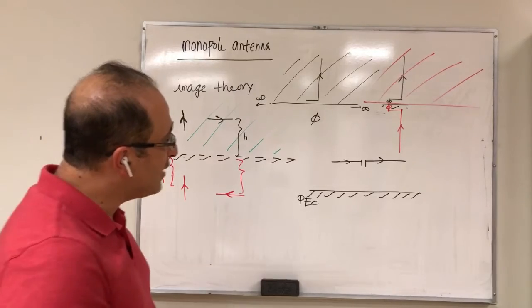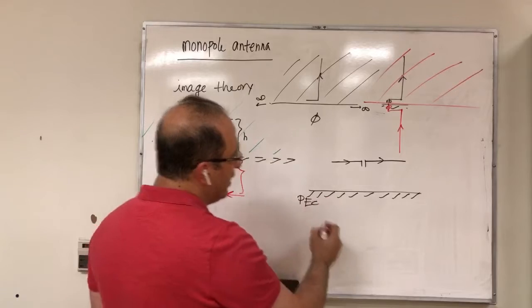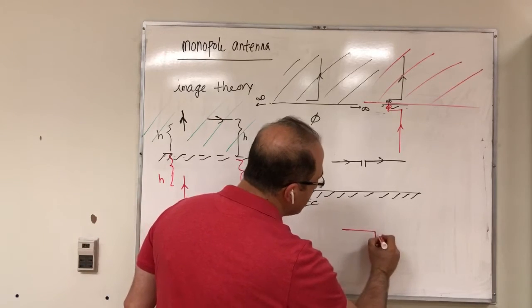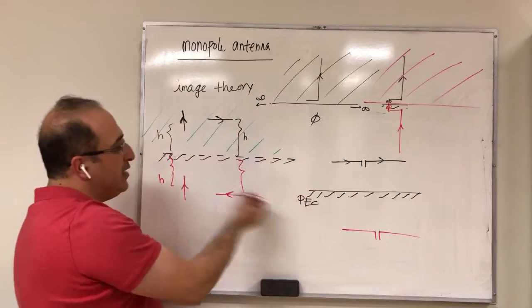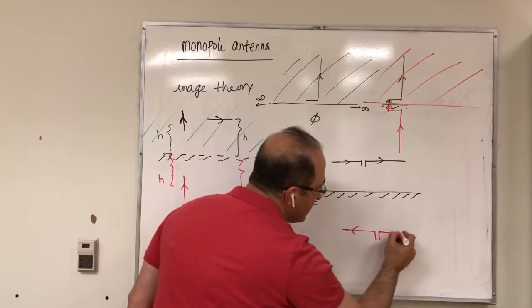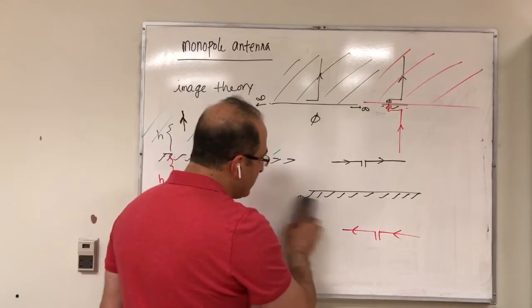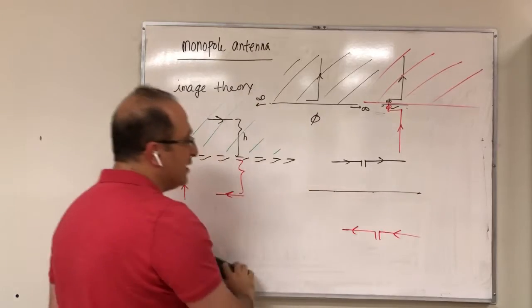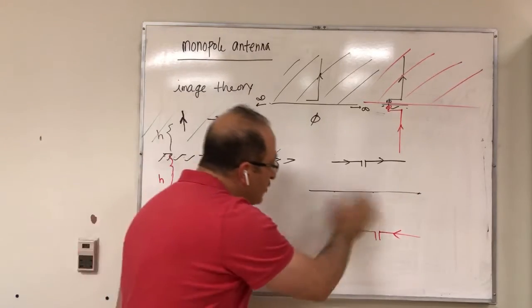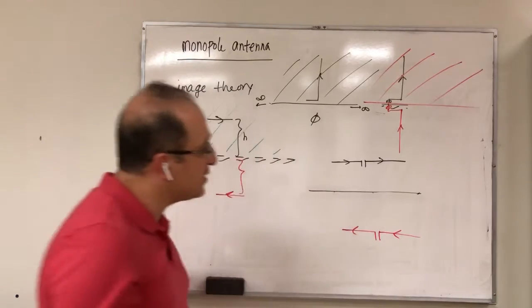So you could potentially say, let's remove the PEC and then use the image of this. The image of this, you have currents horizontal, so the image would be opposite. So now you can remove the PEC. I'm just going to keep a line to tell you this was the PEC. Now you can remove the PEC and assume that everything is in free space, but now you have two antennas.